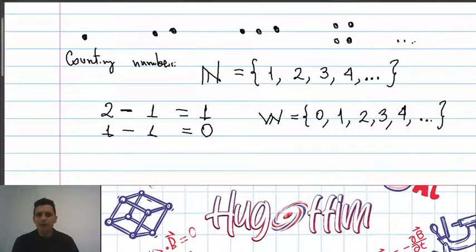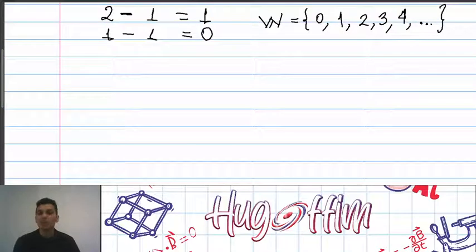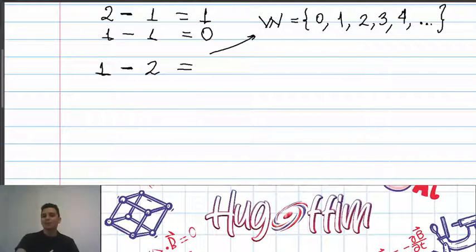But now there is another problem with the subtraction. What happens if we subtract a number from another that is less than it? The problem is that we don't have a number to express the subtraction in the whole number system or the natural number system. Let me give you an example.